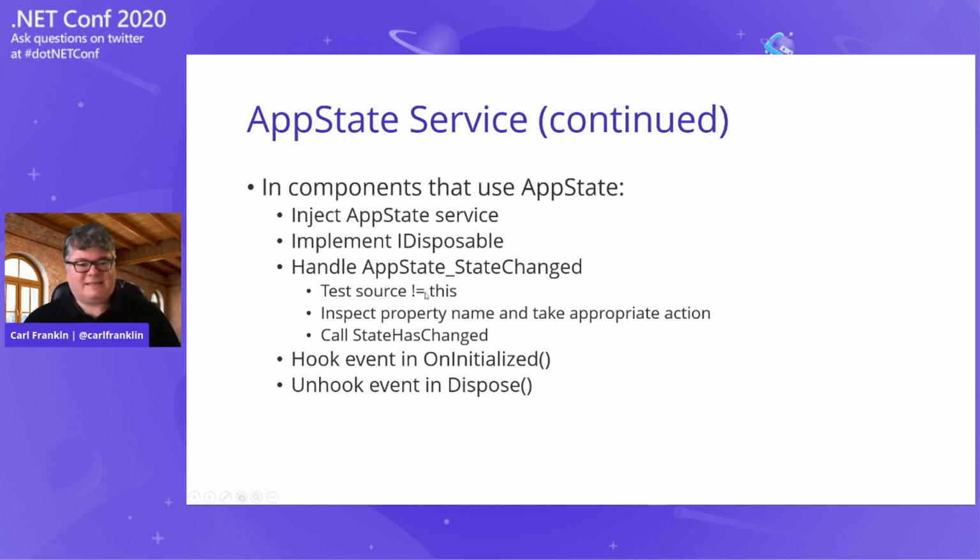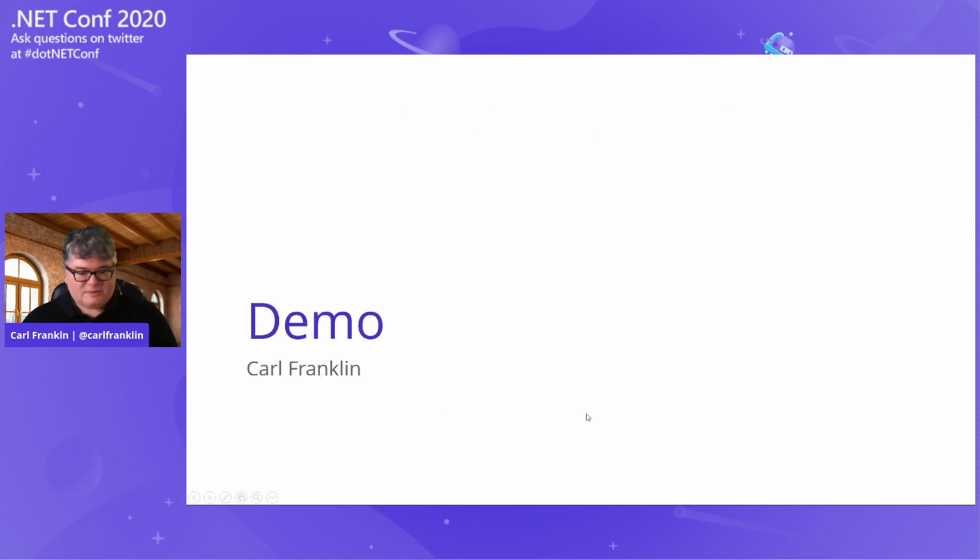So I test that source to see if it's this, it's not this, and I inspect the property name, take appropriate action. Now remember, notifications aren't UI updates. UI will update automatically. Notifications are for, hey, I need to know when somebody else updates this property. So we're going to hook the event in OnInitialized and unhook it in Dispose. So let's see that demo.